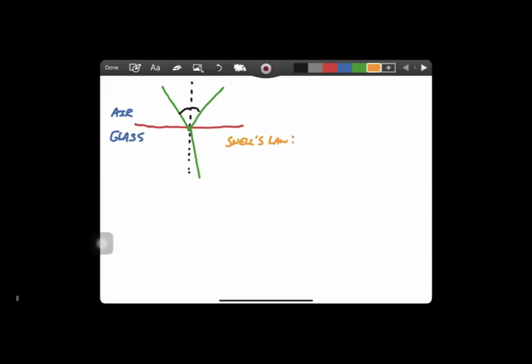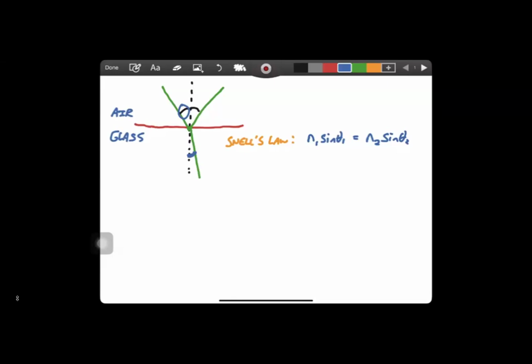And that means n1 sine theta 1 equals n2 sine theta 2. Now, theta 1 would be the angle of incidence, and so it would be this angle right here. And then theta 2 would be the angle of refraction, which is the angle between the refracted ray and the perpendicular.